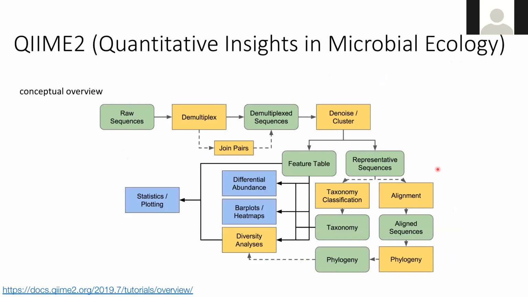And what we're going to be using for this is a program called QIIME2. It's quantitative insights into microbial ecology. And it takes these raw sequences that we're going to provide you with and puts them through a stepwise series of processes.